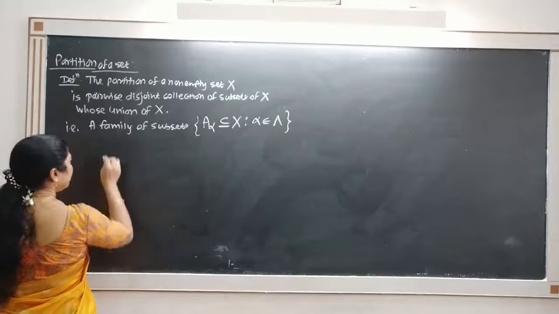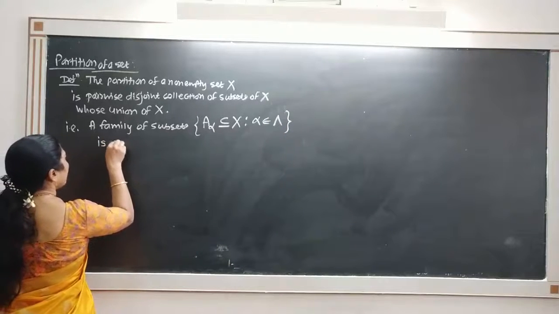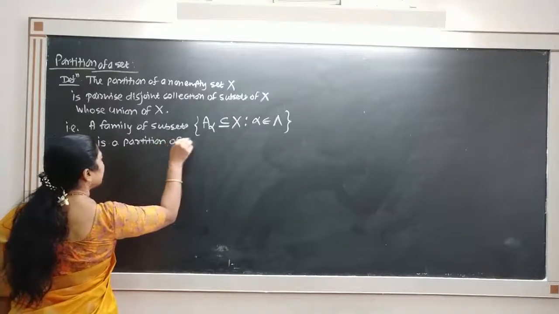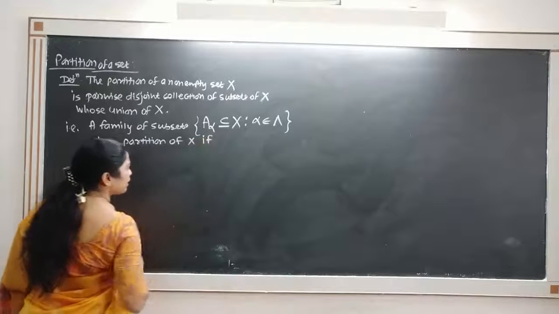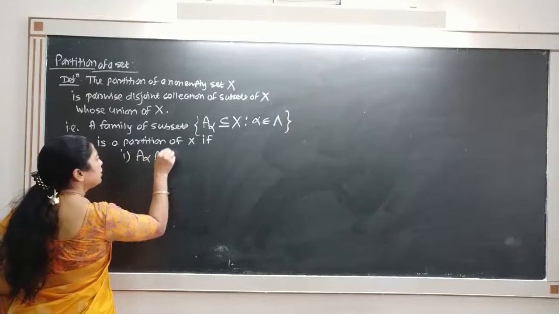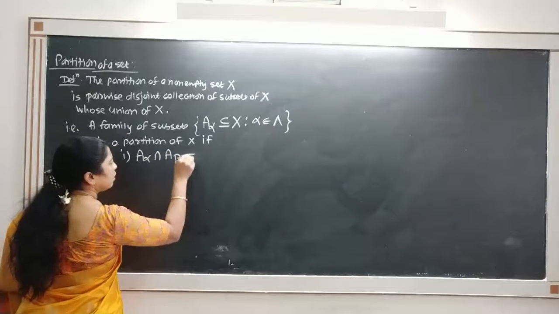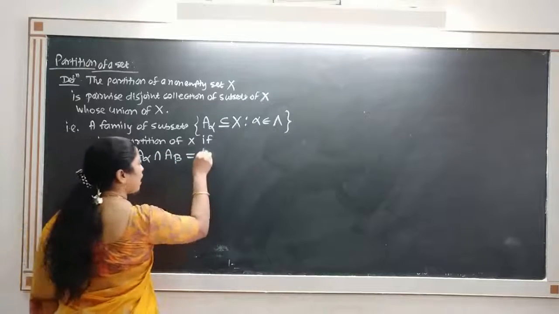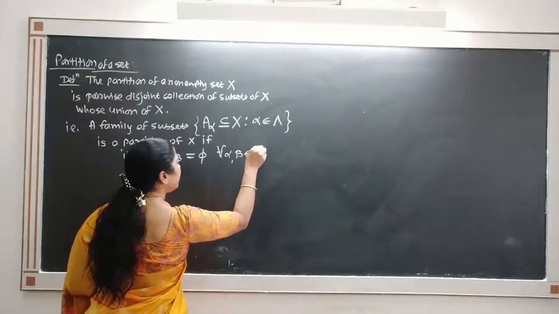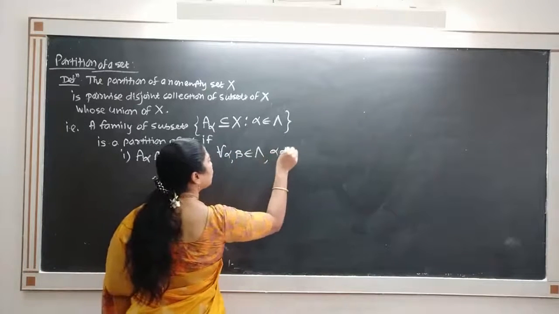A family A alpha, alpha belonging to the index set, is a partition of X if two conditions are satisfied. The first condition is that A alpha intersection A beta is equal to phi for all alpha and beta in the index set, alpha not equal to beta.